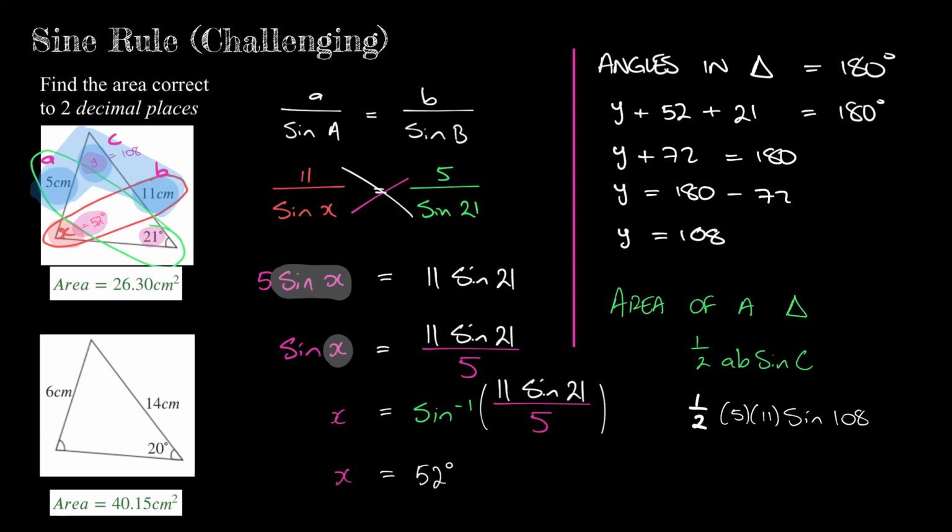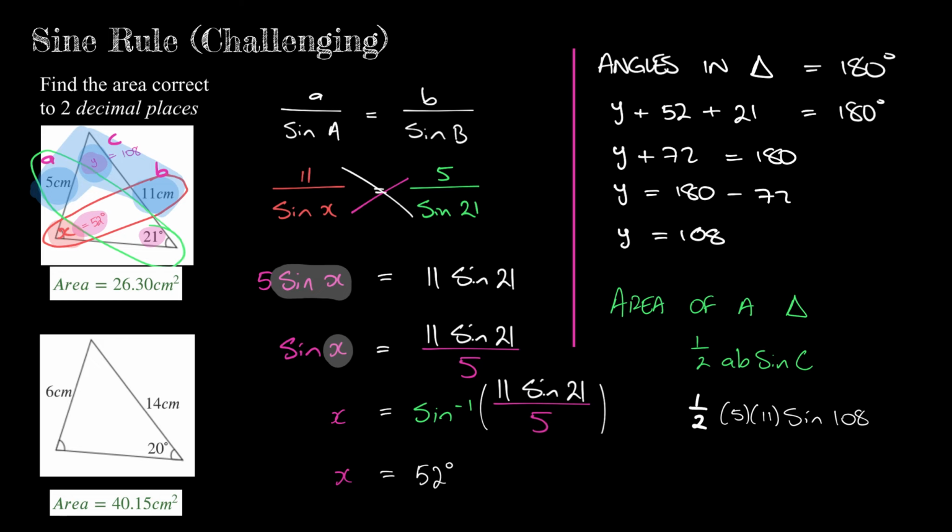I'm just going to show you how we type that into our calculator. What we need to do when we're typing that in is clear our calculator, so press AC. We need to put in half, so put in your fraction, 1 over 2.